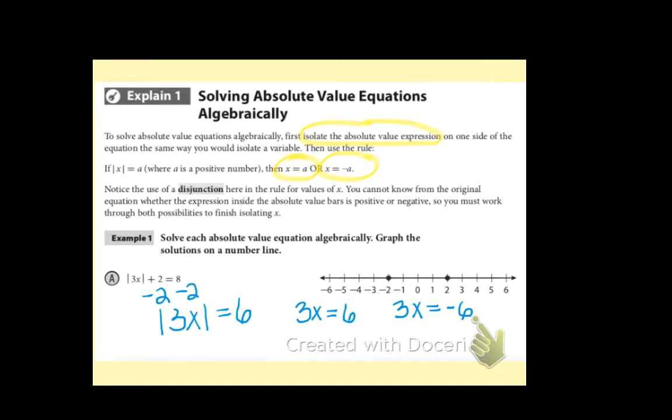Solving those by dividing by 3, we solve them both the same way, but the outcomes are different because 6 divided by 3 is 2, and 6 divided by negative 3 is negative 2. And so there are the two solutions that you see graphed here, one at negative 2 and one at positive 2.